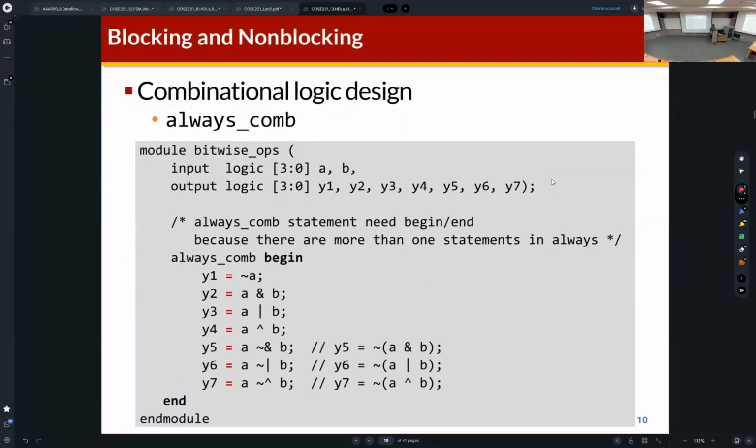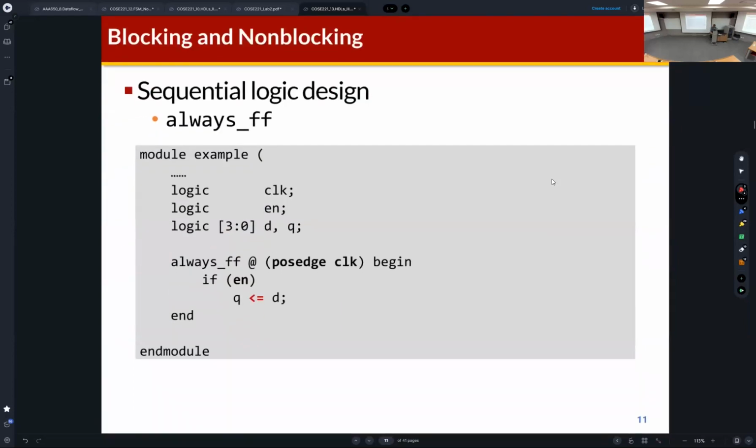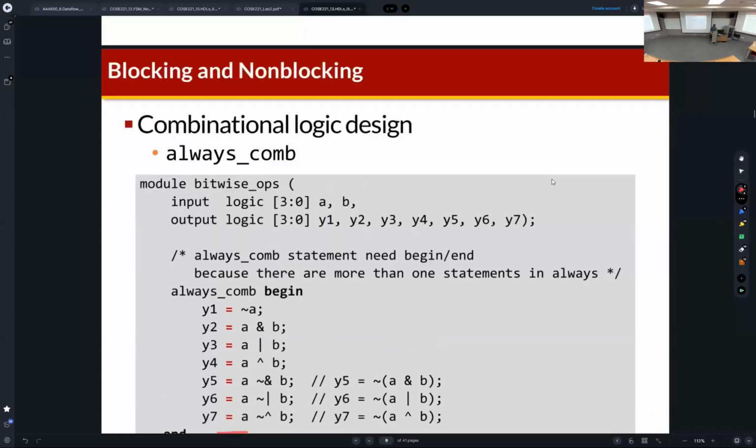Some students noticed that I sometimes use the equal sign, but I also sometimes use, how can I say, this arrow sign. The meaning is different. I'll explain the different meanings of these assignment signs.